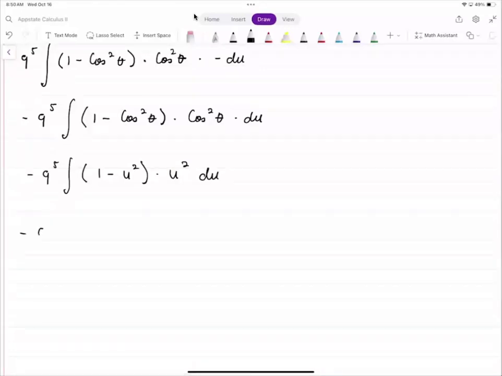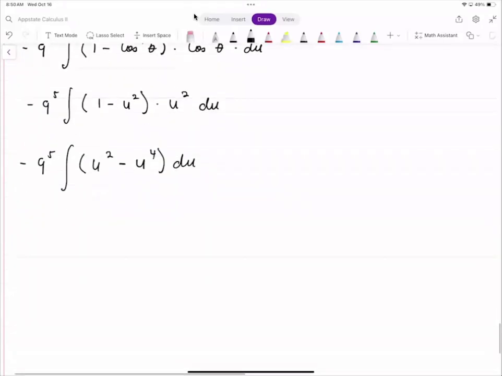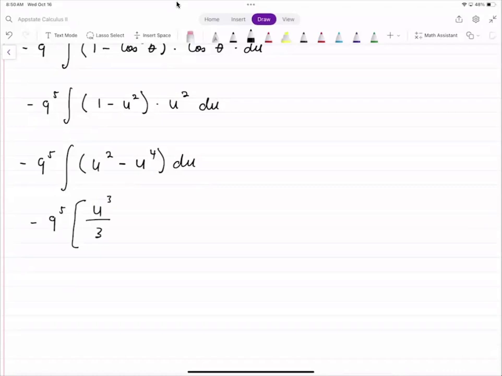Now this gives you minus 9 to the power 5, the integral of u squared minus u to the power 4, all du. And then now we can find the integral of that. If you find the integral of this, you're going to get negative 9 to the power 5 times u cubed divided by 3 minus u to the 5th divided by 5 plus c.